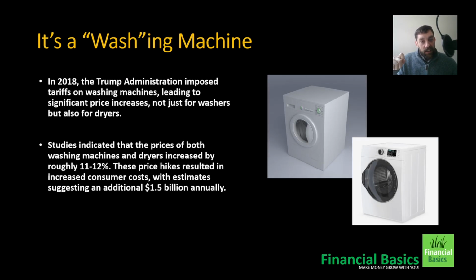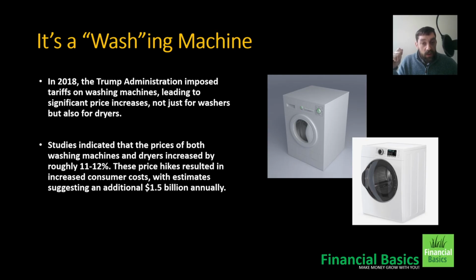The other thing I wanted to mention, and just going back to those middlemen, it's a complete wash, and that's why I put them in that mixed category. A good example of that was in 2018, when the Trump administration imposed a tariff on washing machines. It was a 10% tariff, and that led to an 11 or 12% increase in the price of washing machines.